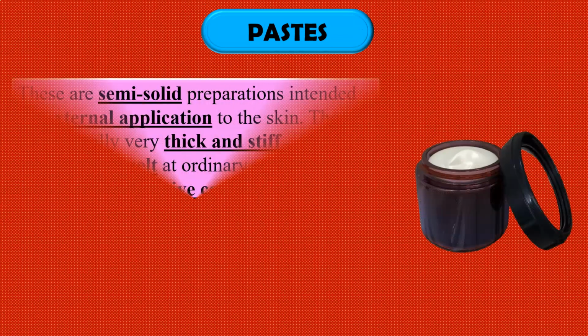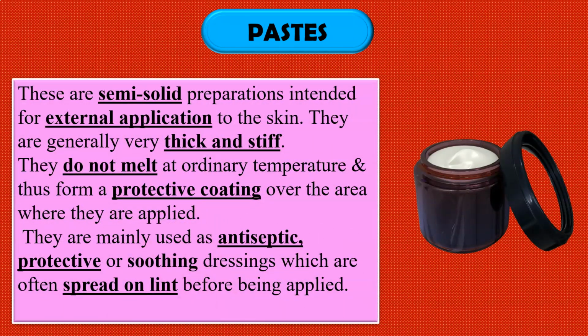So what are pastes? Pastes are semi-solid preparations that are intended for external application to the skin. They are generally very thick and stiff, and they do not melt at ordinary temperature and thus form a protective coating over the area where they are applied.